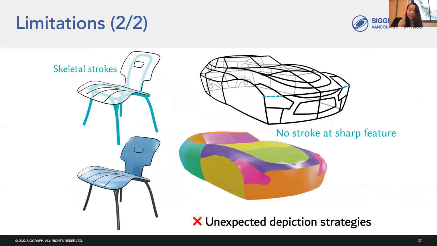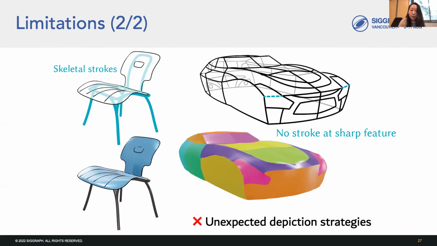Finally, a more fundamental limitation that deserves further investigation lies in questioning our assumptions about how artists depict surfaces with a sparse sketch. Indeed, we focused on the case where the sketch strokes lie on the surface of the object depicted in the sketch. But there are cases where artists employ strokes to signify tubular shapes, such as the feet of this chair.